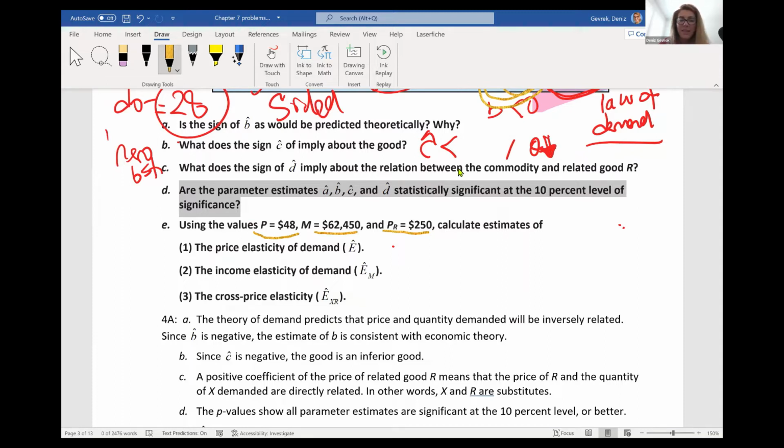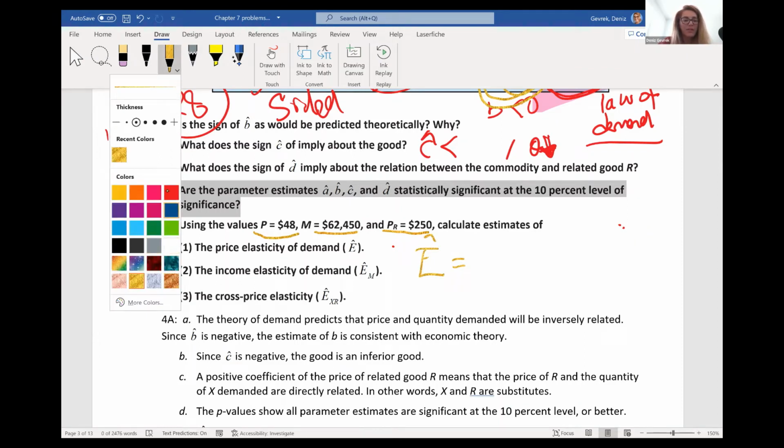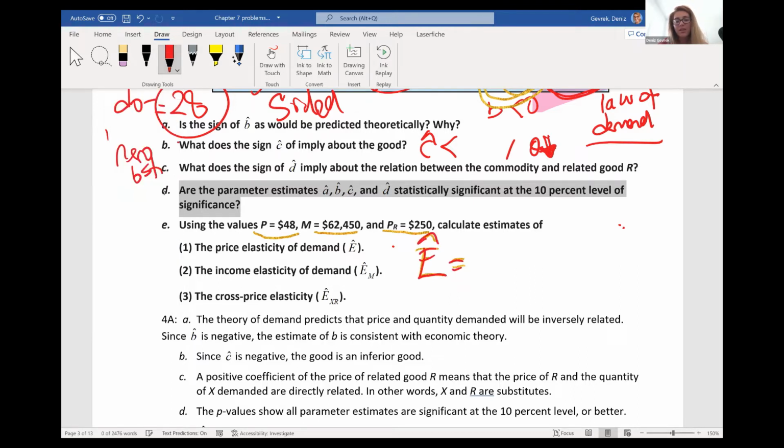Okay, so in this case, first of all, price elasticity of demand. I don't like memorizing stuff because my brain just doesn't like it. Price elasticity of demand is basically percent change in quantity divided by percent change in price.